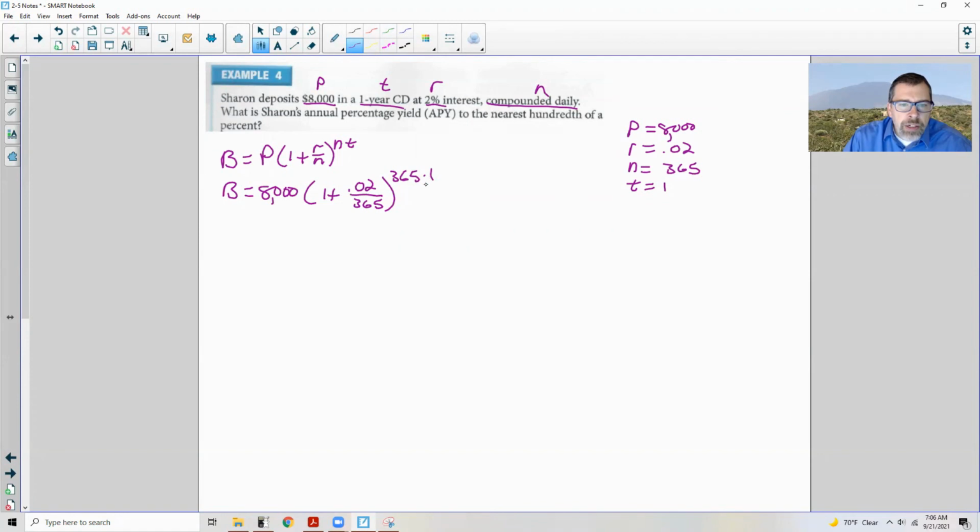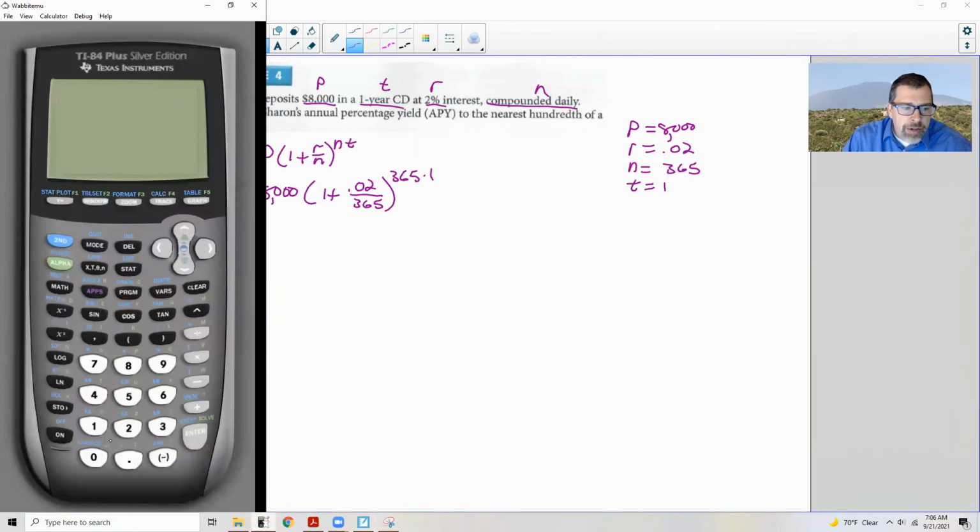Without that T there, we're back to a simple interest. So B equals, and when I go to my calculator, 8,000 parentheses 1 plus parentheses 0.02 divided by 365, close the parentheses twice, to the power of 365 times 1, which is just 365. And I get 8,161.61.